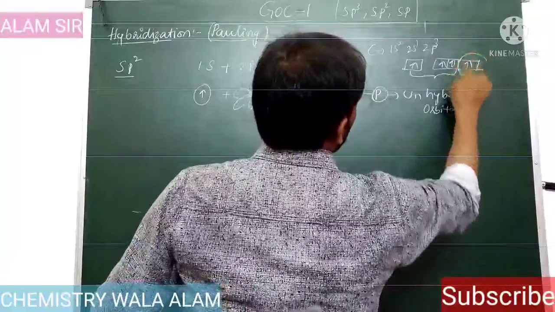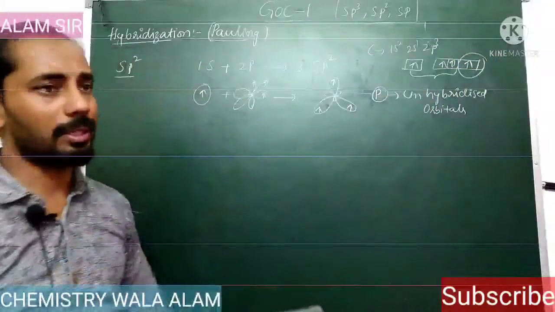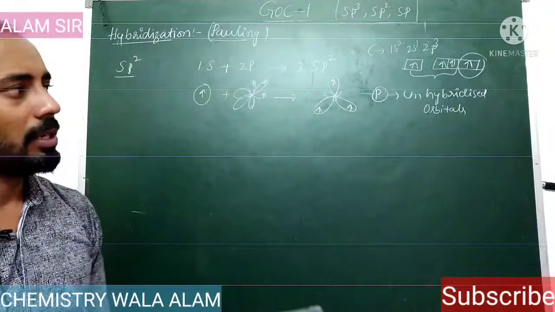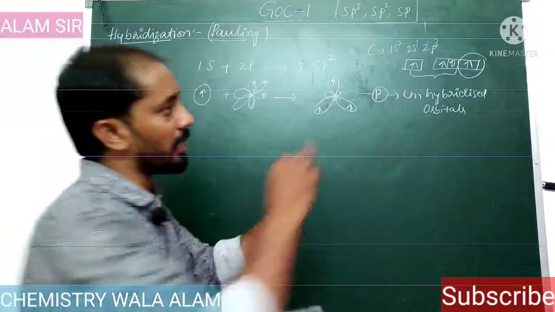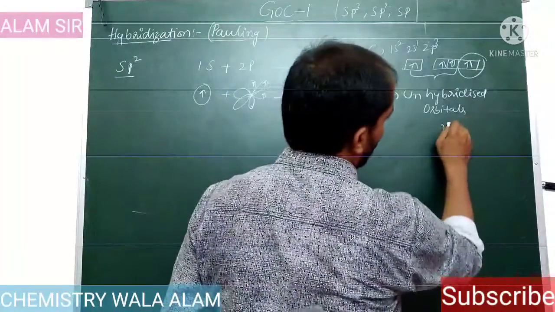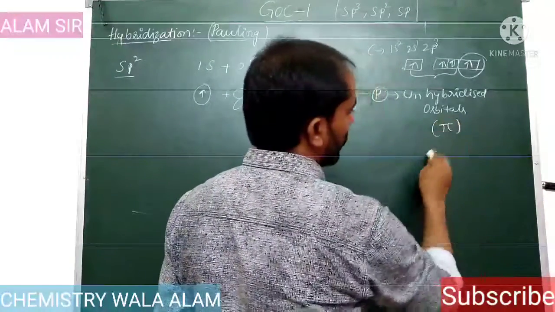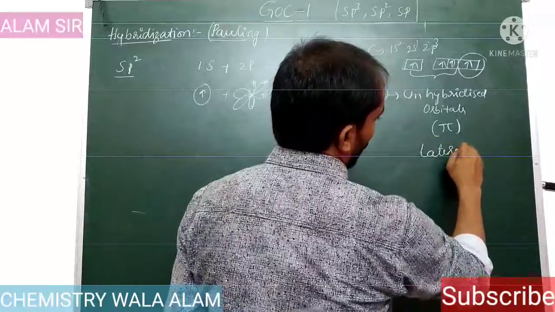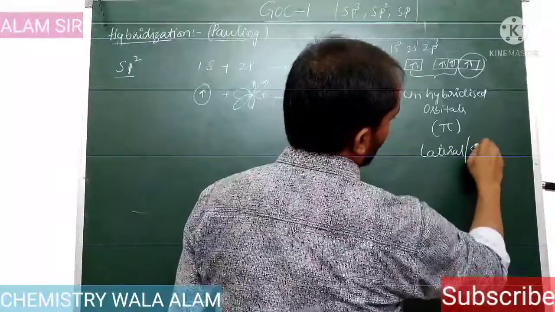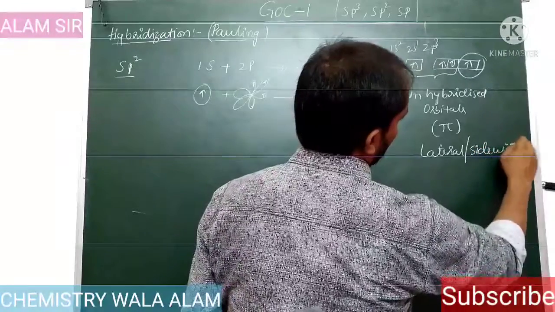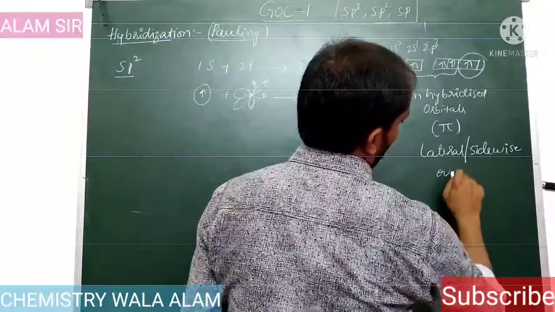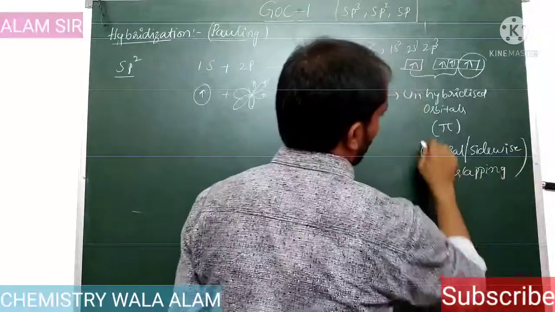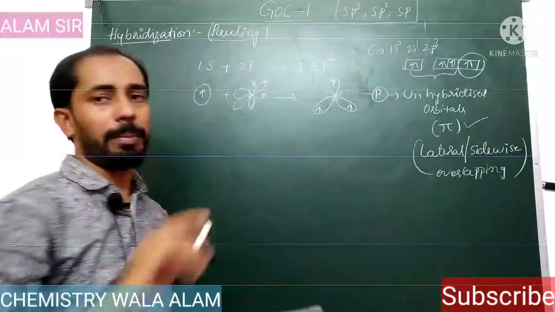The third p orbital is not involved in the hybridization. That is called the unhybridized orbital. These unhybridized orbitals can form pi bonds, because lateral or sidewise overlapping takes place.